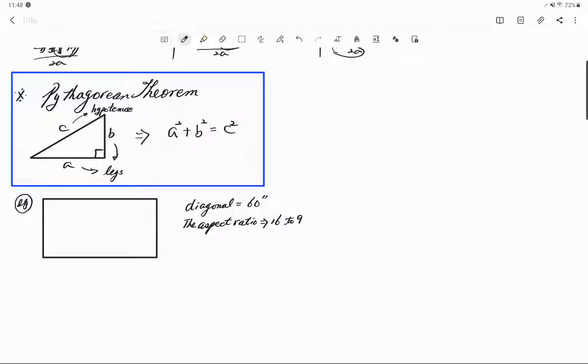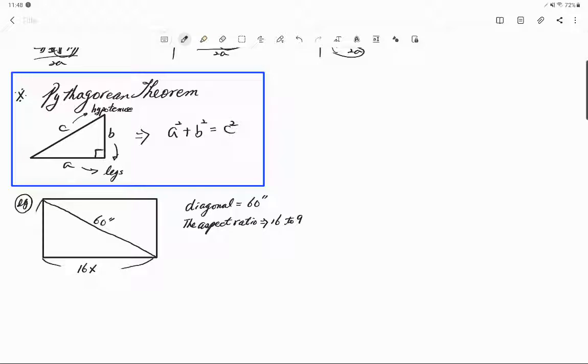Here's an example using the Pythagorean theorem. Here's a television set, and the diagonal of the screen is 60 inches. The diagonal is from one corner to the other corner. The aspect ratio is 16 to 9, so the length is 16 times some number, let's say 16x.